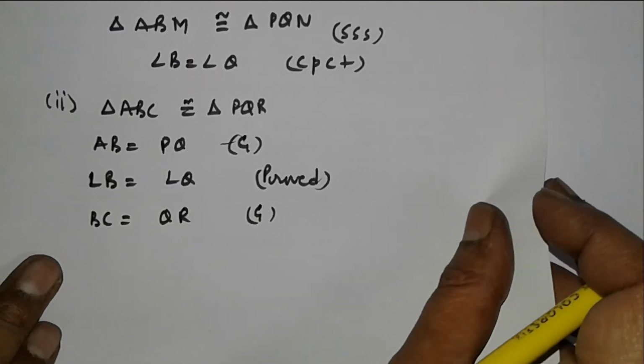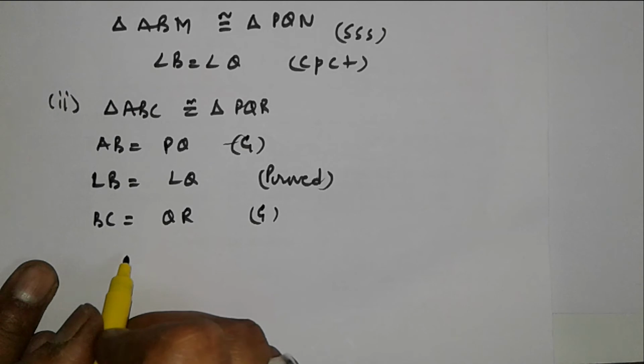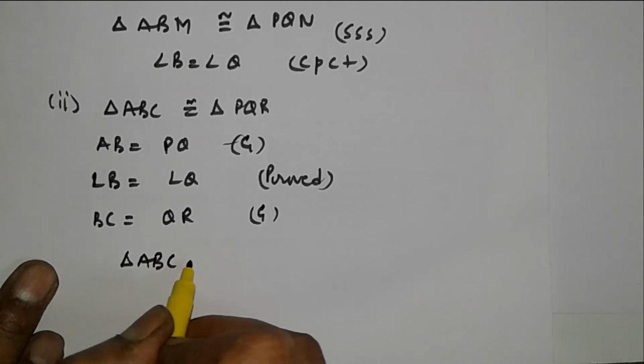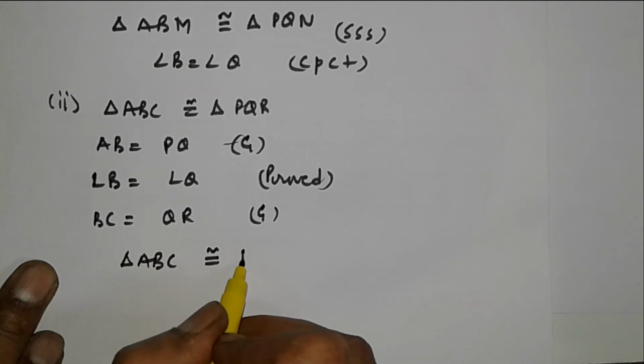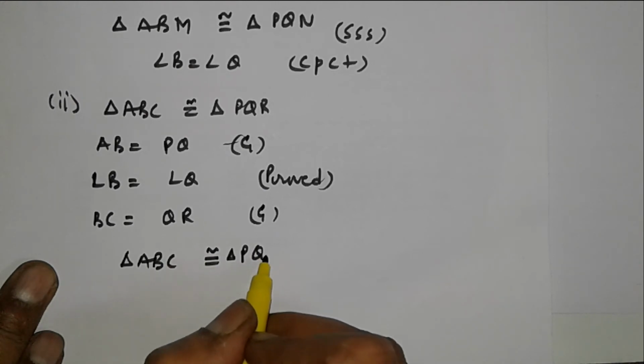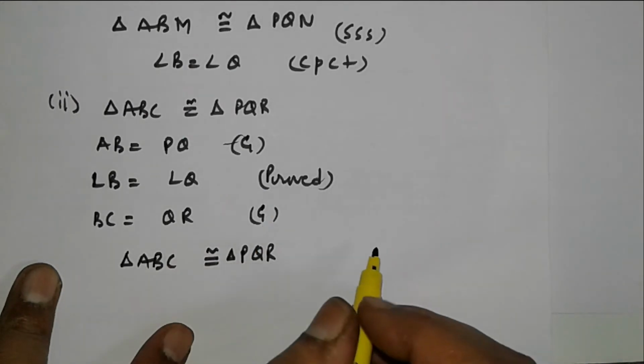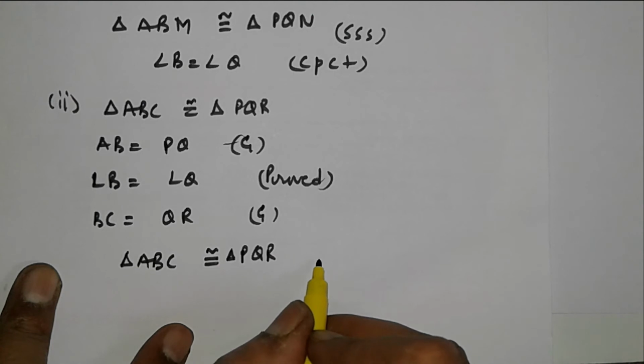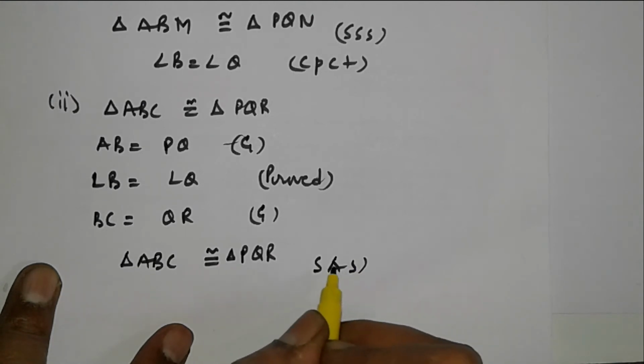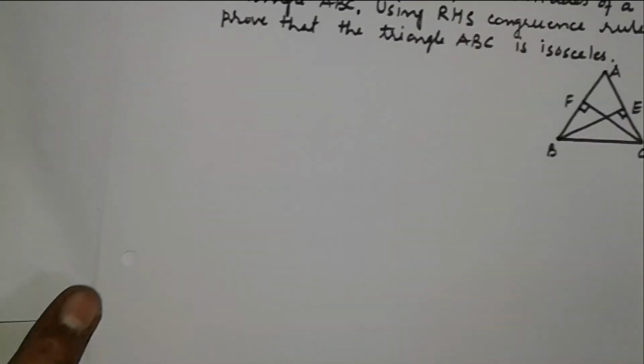So all three parts we have got. So we can write here that triangle ABC is congruent to triangle PQR by the side angle side rule.